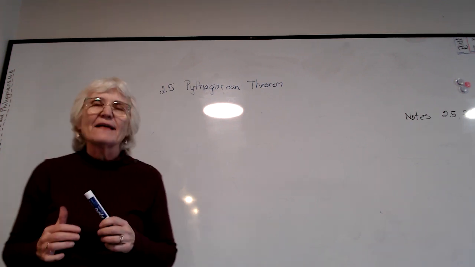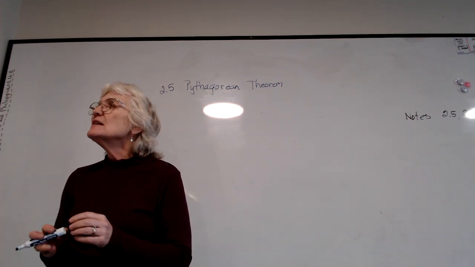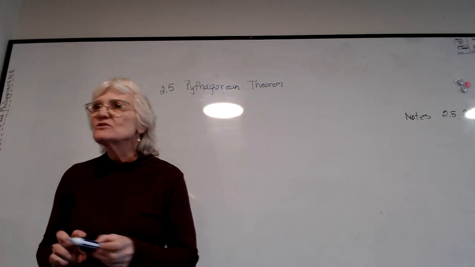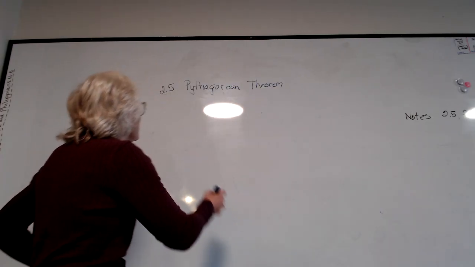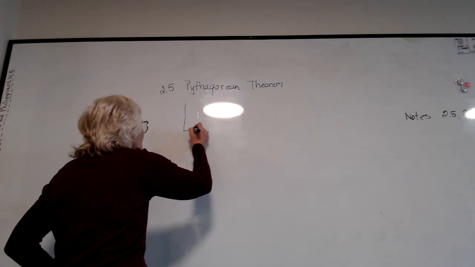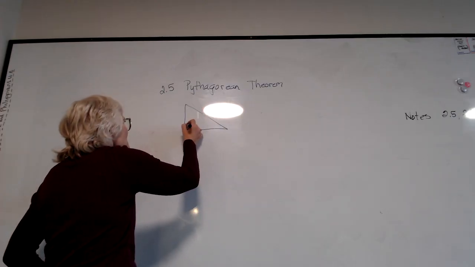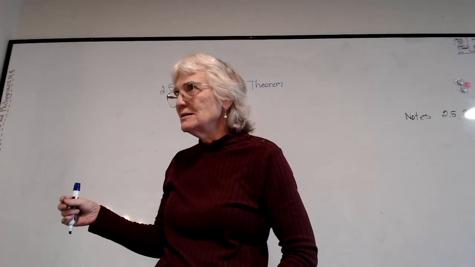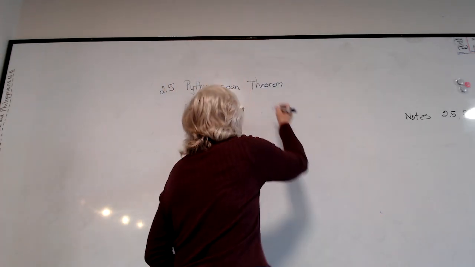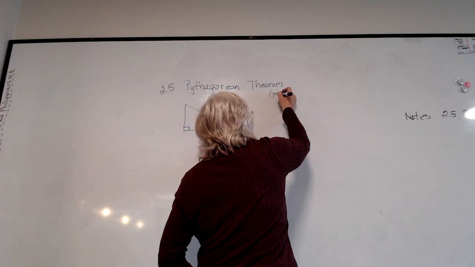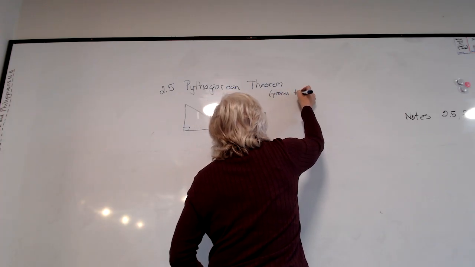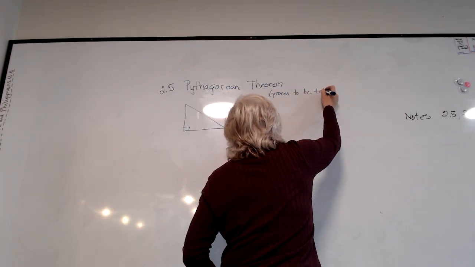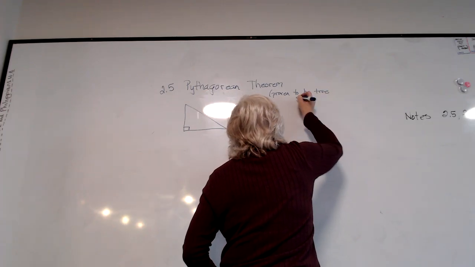The Pythagorean theorem is something that only works with right triangles, okay? This is a famous theorem. A theorem is something that has been proven to be true. When you see a theorem, it's something that has already been proven to be true for all cases.